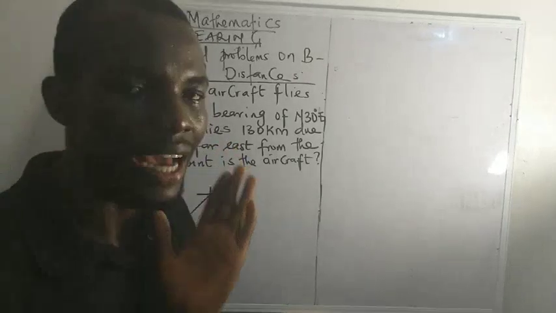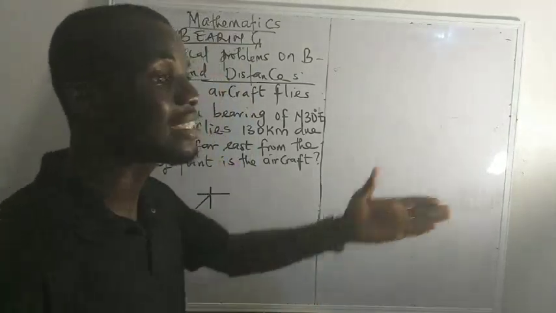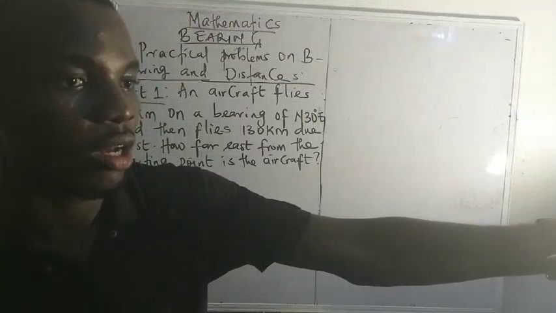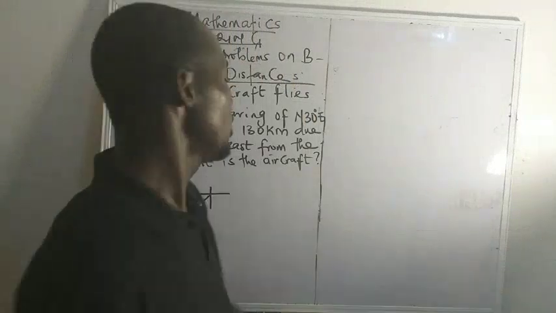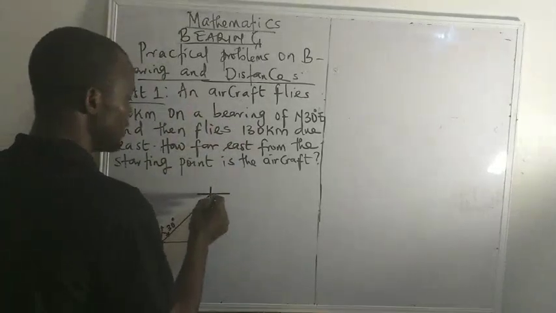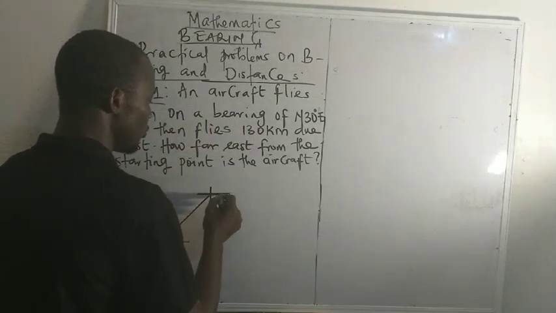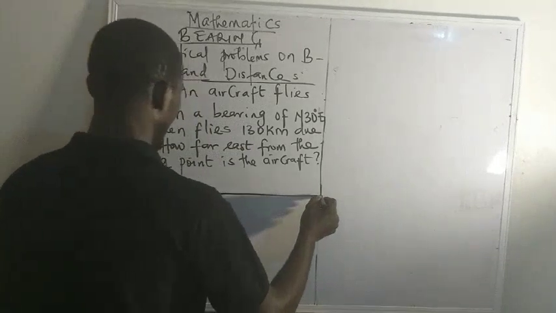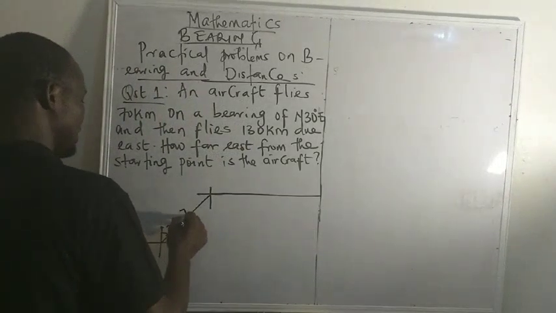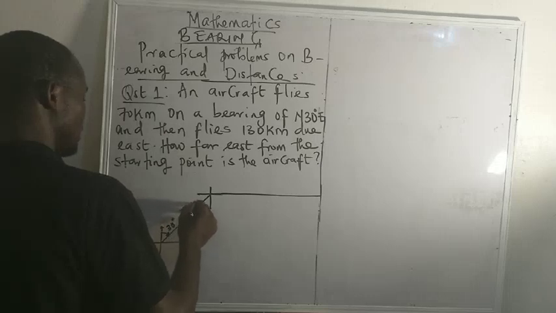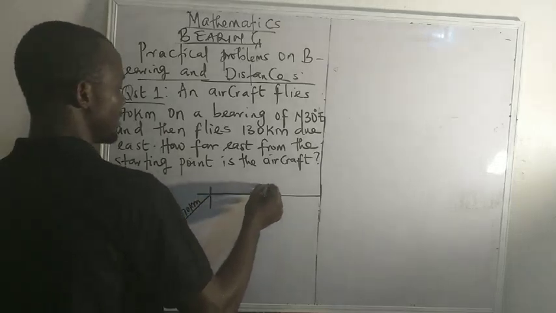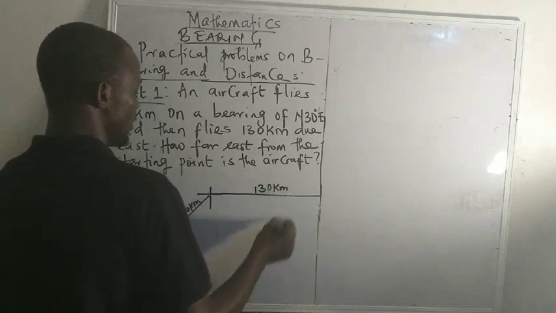They didn't tell us the angle. It means it just went straight along the east. All right. So how am I going to represent that? This is going to go like this: 130 kilometer due east. If this is 70 kilometer, this will be 130 kilometer, right? Due east.